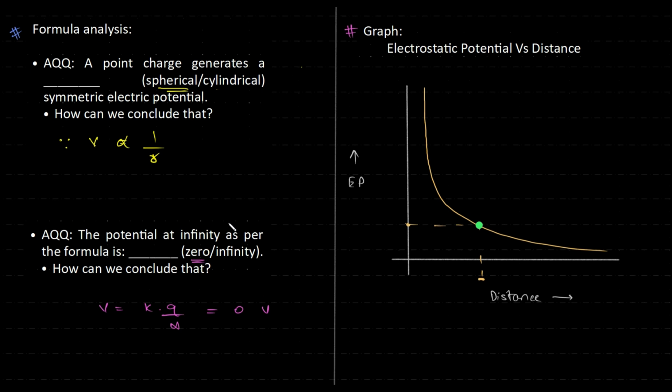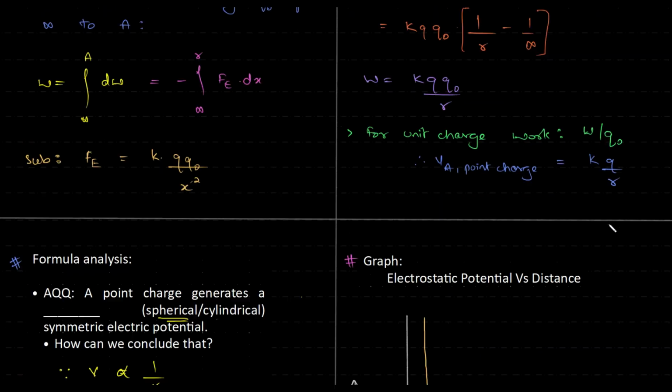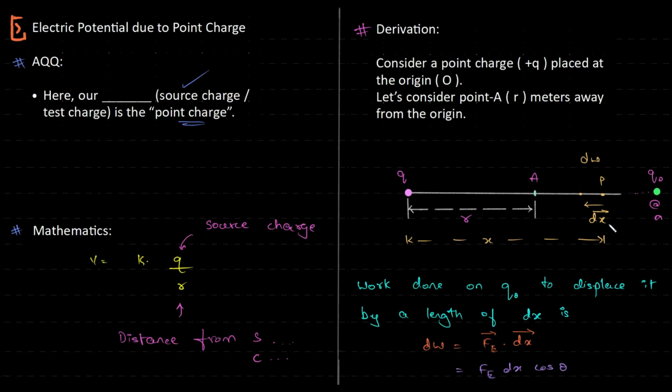And we'll be looking at something called an equipotential surface and all of that. And that at infinity, the unit test charge has no influence. So when you plot a graph of electrostatic potential versus distance, you get a graph like this. So I tried to make a point over here, but anyways. Now it's time for you guys to pause and have a look.